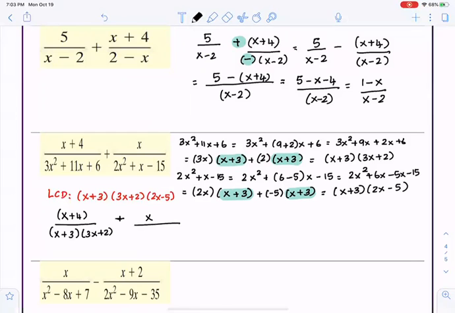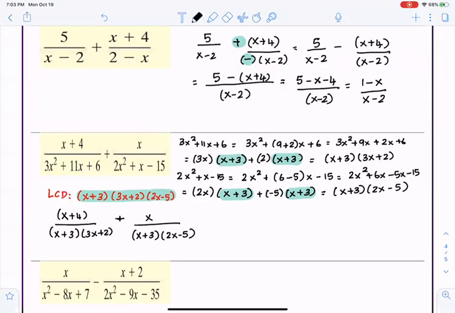The factored form is x plus 3 times 2x minus 5. We have the LCD from above, and you can see the first denominator is missing 2x minus 5. The second denominator is missing 3x plus 2.